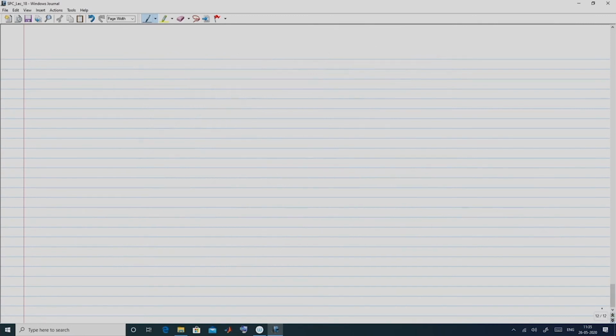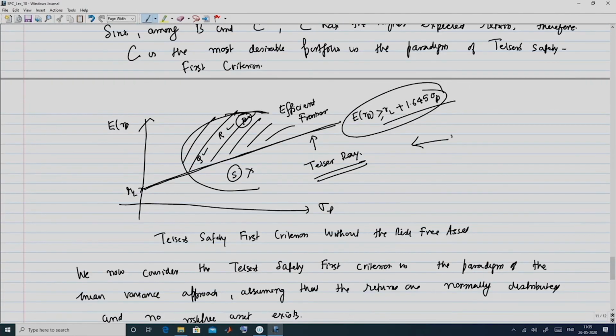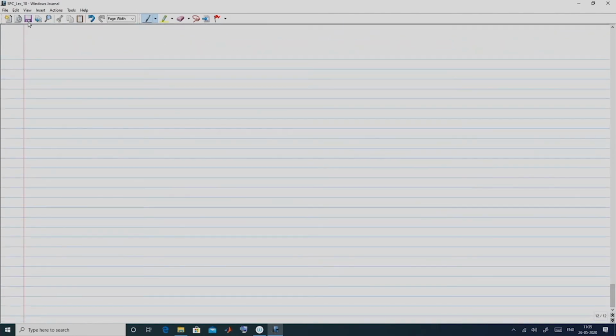So, I can now make the following statement in the context of this picture that we have here. I can make the following statement, that the portfolios satisfying the constraint given by the Telser's criteria must lie in the shaded area.